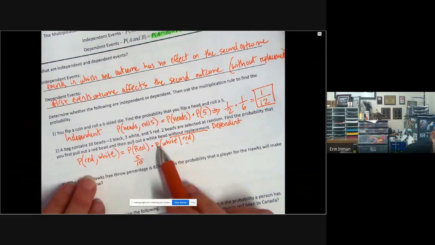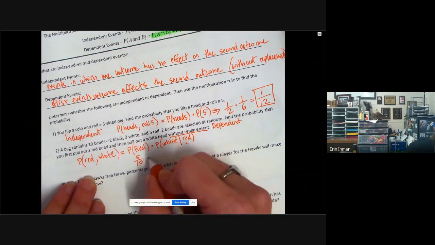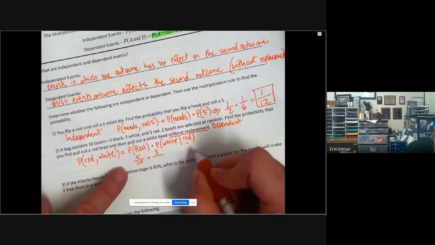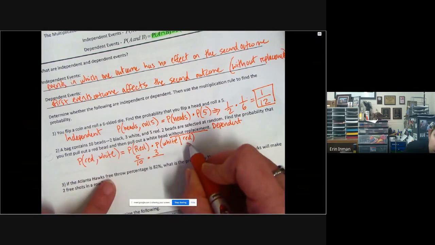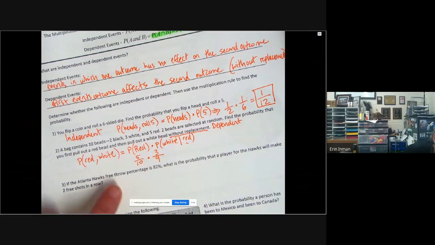So we're picking a white one, given that one of our red ones has already been picked and taken out. So now of the white beads, there's 3 white beads, but we know that there's only 9 of them because one of our red ones was taken out. So pick white, given a red one was already picked.